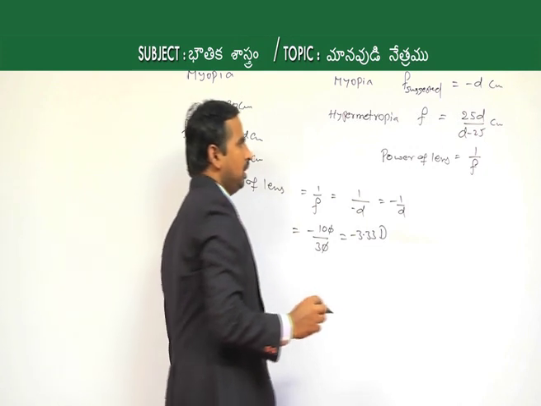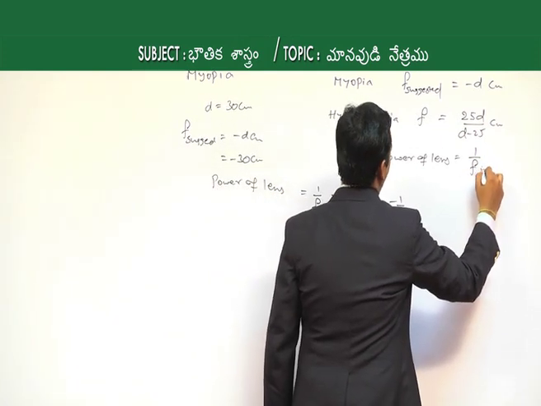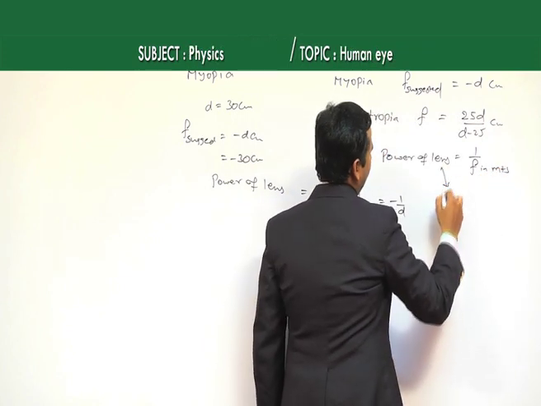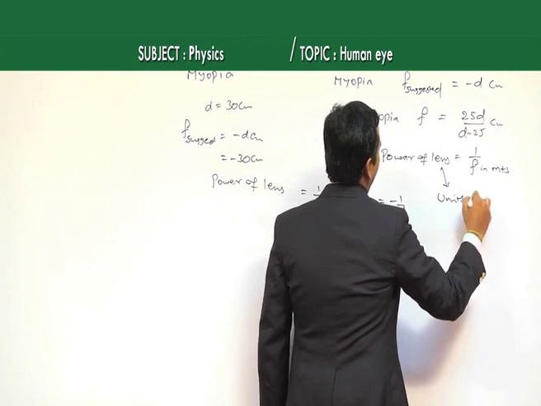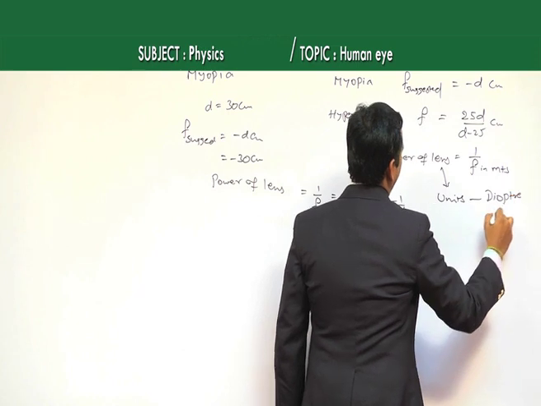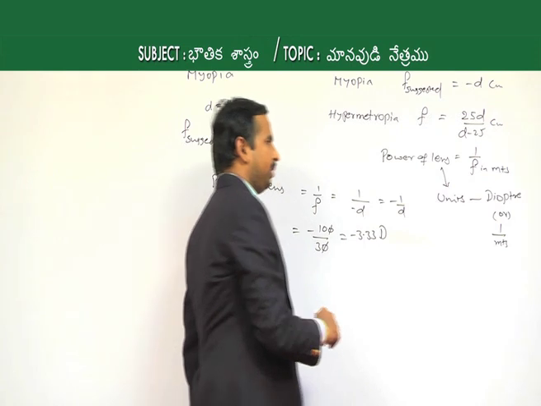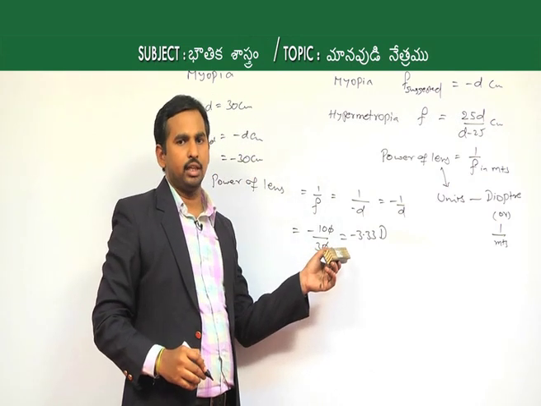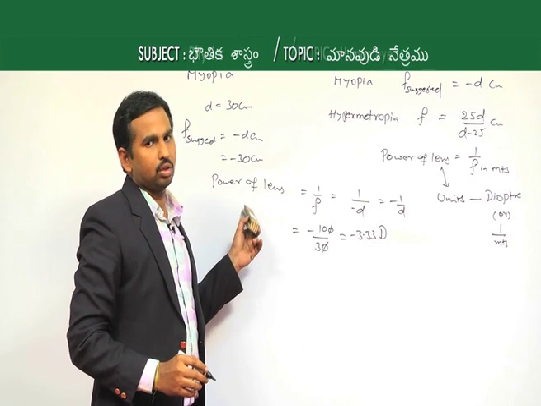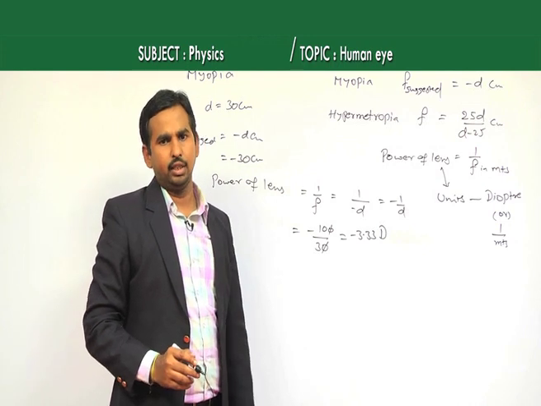The power unit is diopter, with f taken in meters, or reciprocal of meters. Because here we have to use a concave lens, we got minus 3.33 D.